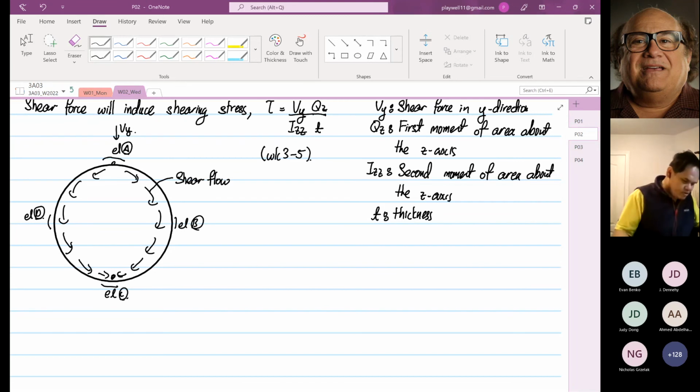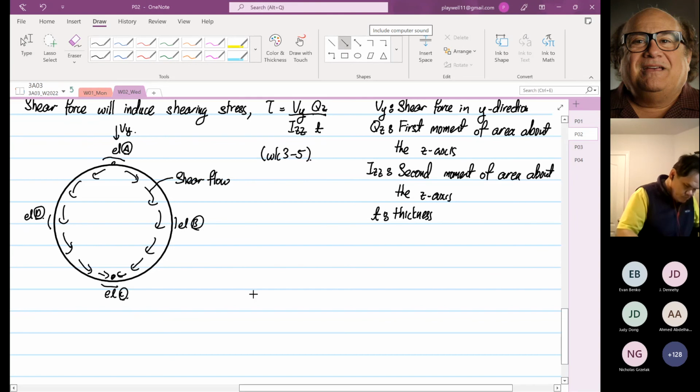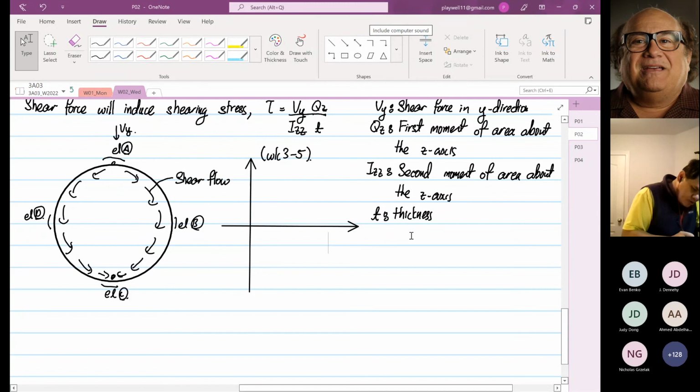If I'm going to sketch the shear stress distribution, this is the distance from the neutral axis. This is our extreme point. The shear stress will distribute this way.